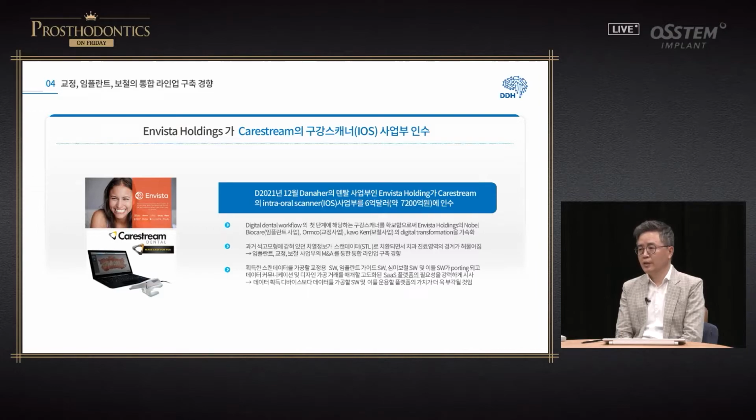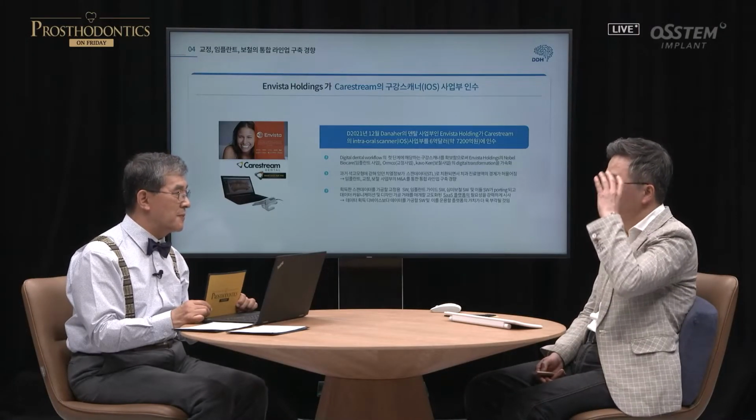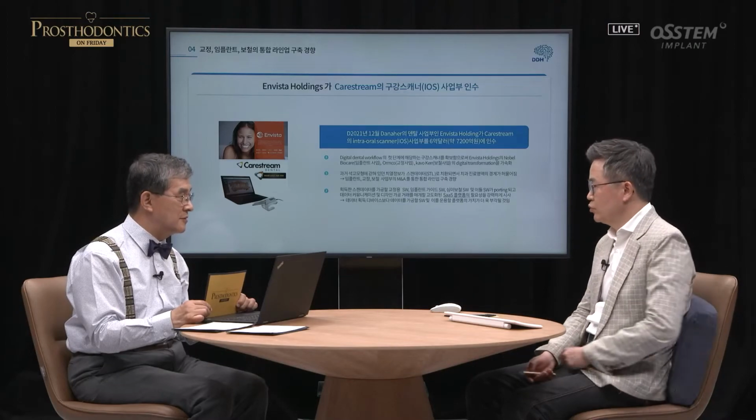Invisalign has iTero. Sirona is not going to sell because they have their own technology. 3Shape is a digital solution company. In 2021, Envista Holdings, a dental segment of Danaher, bought Carestream's intraoral scanner division. Before that, it also acquired Nobel Biocare's Brånemark implant. That's right. The acquisition was done for approximately $600 million.